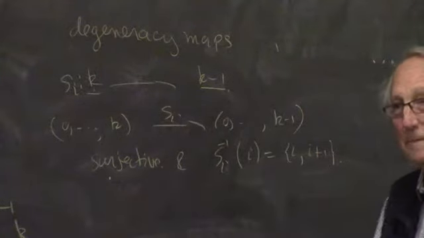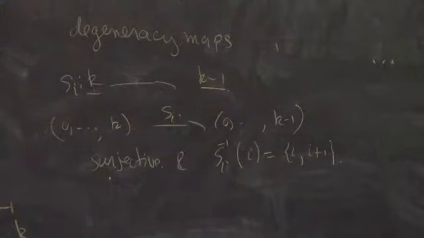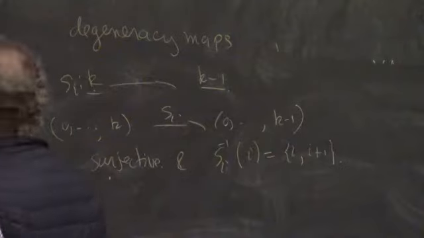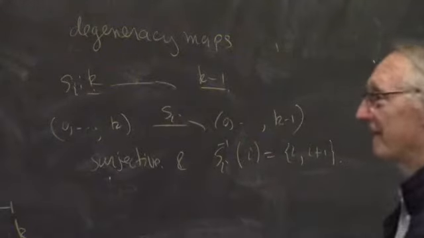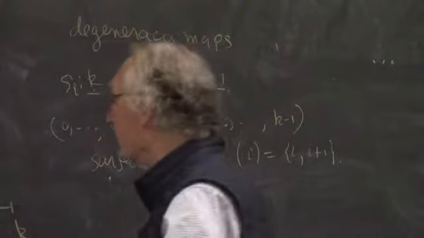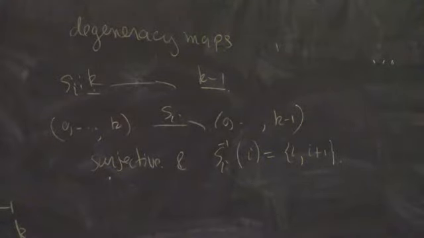Okay. So that's the ith degeneracy. So you have these face maps and degeneracy maps. And dual to those, that is the image of these maps under the functor, will be dual to F_i, or K of F_i is called the ith boundary map from K_n to K_n minus 1.